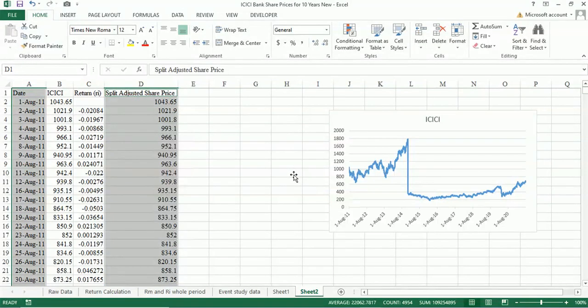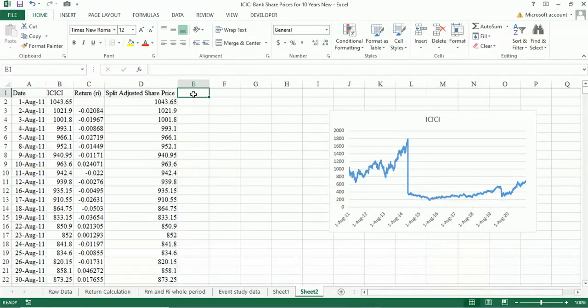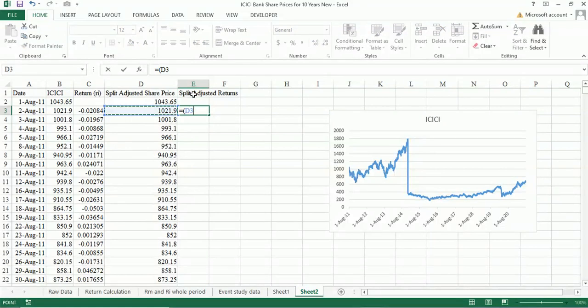So let us calculate the returns. This is called split adjusted returns. It is equal to, open a bracket, today's price minus yesterday's price, divided by yesterday's price.